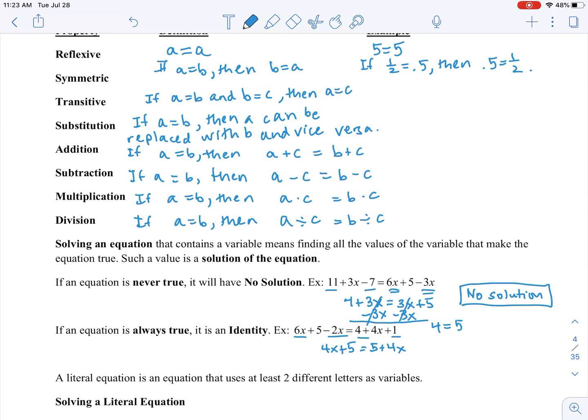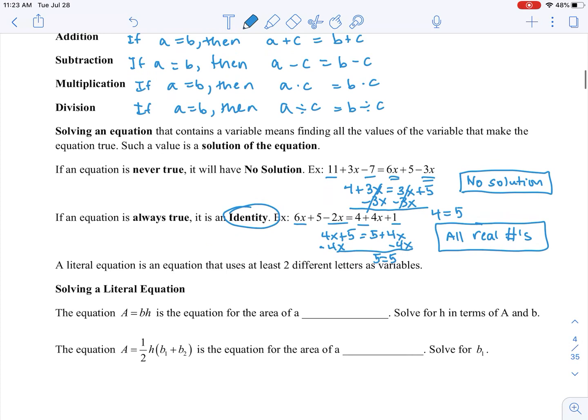So if you have two things on both sides that are equivalent, where the x's are still there, or if you choose to go further and subtract 4x on both sides and get 5 equals 5, when is that ever true? Well, that's always true. So this is an example of identity, and your solution is all real numbers or identity.